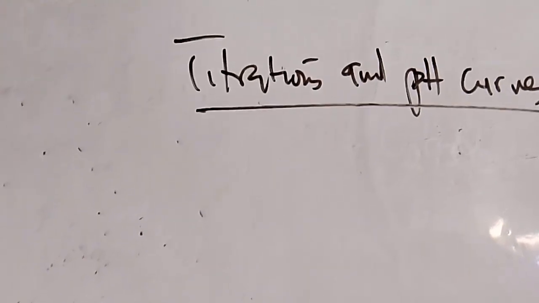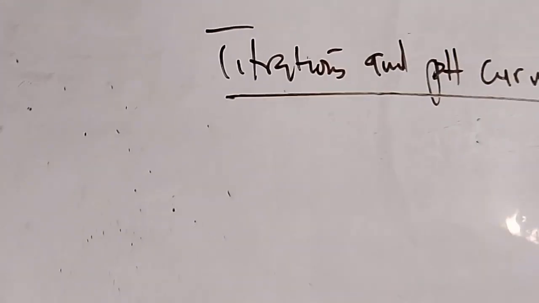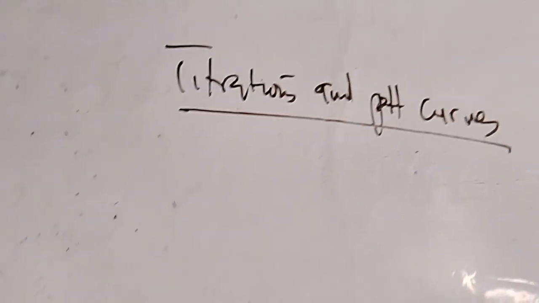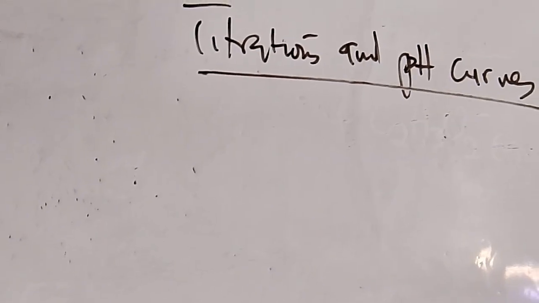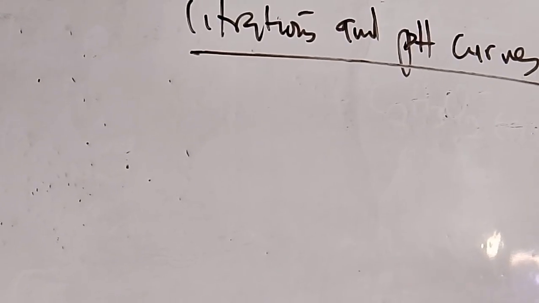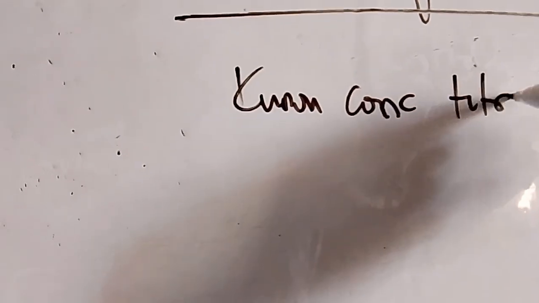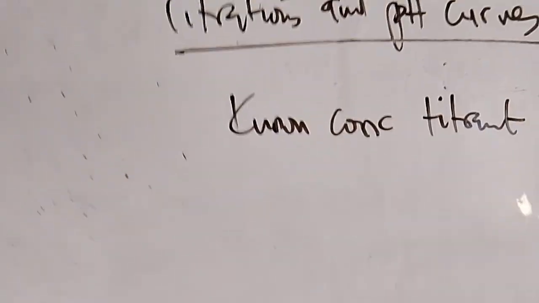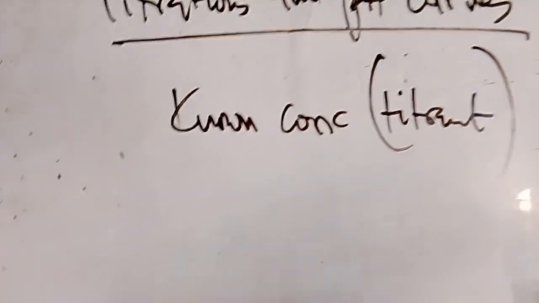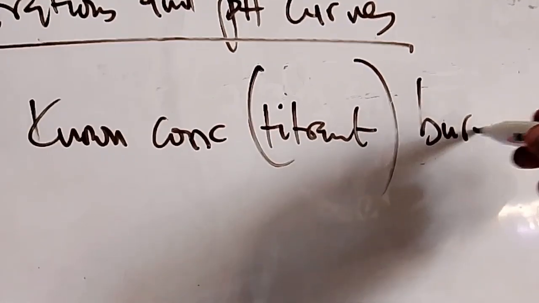So a titration is commonly used to determine the amount of base or acid in a solution. This process involves a solution of known concentration. A solution of known concentration is called the titrant. Okay, the one that goes into the burette, that's called the titrant.